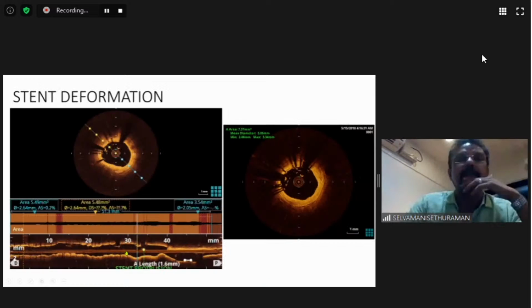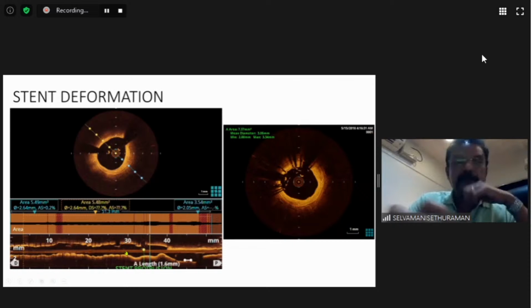What has happened is, probably after stenting, this patient also had stent thrombosis. After stenting, while taking the balloon or wire, probably the guide has gone inside and then got stuck against the stent. Probably it's a case of stent malapposition, which angiographically we couldn't pick out at that time. After stent thrombosis, when we did OCT, you could see that the stent was damaged. And you see here, this is probably a guide which has crushed the stent in the ostial LAD.